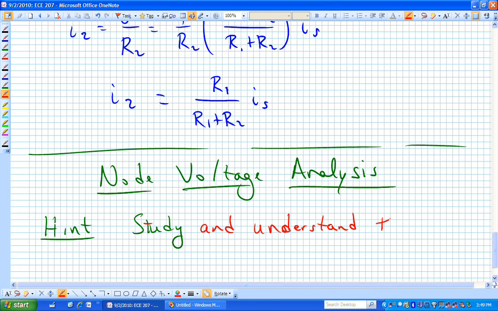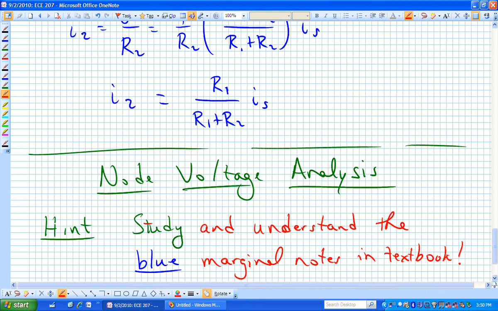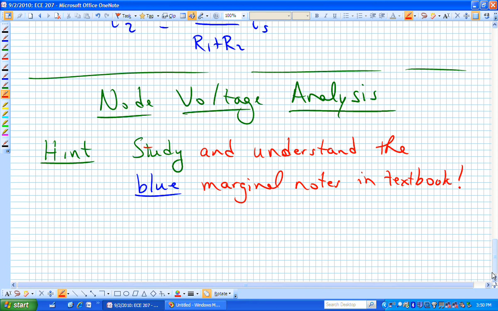Study and understand the blue marginal nodes in the chapter or in this section. Those are sort of guiding you through the process or helping you learn this technique or techniques.